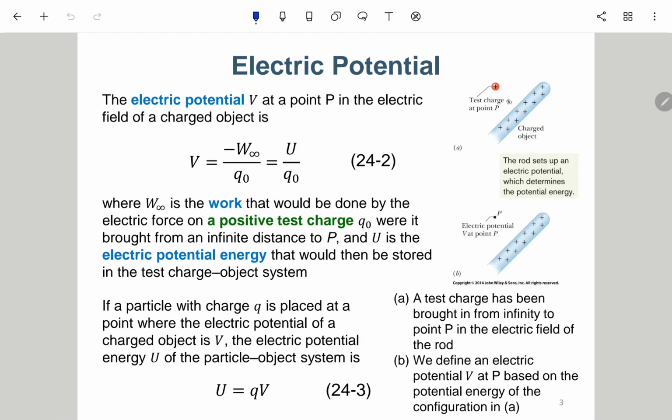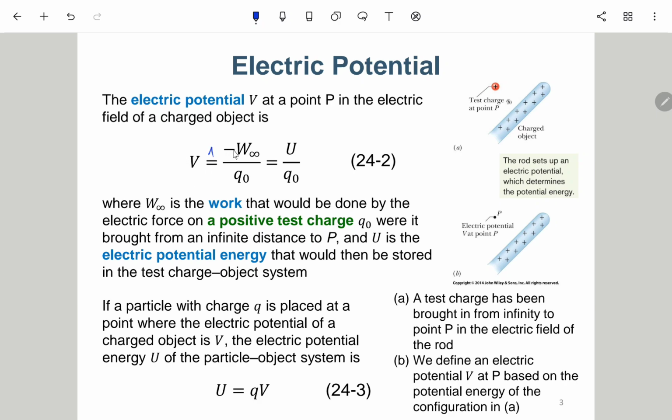So first we will introduce another new variable called the electric potential. The electric potential V at a point P in the electric field of a charged object is defined like this. Okay, so it's a definition.